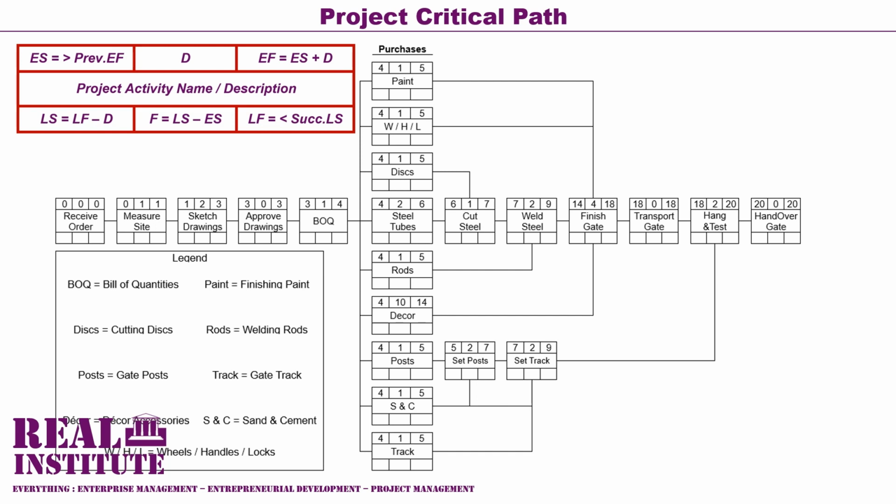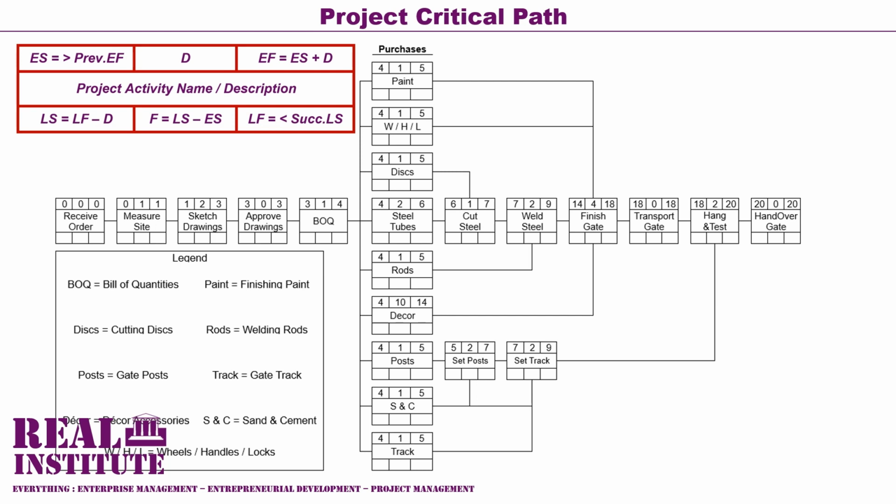We then simply move that 1 to be the early start value for activity 3. And activity 3, which is the sketch drawings activity, already has a duration of 2. And therefore its early finish, calculated from adding its early start and its duration, is 3. 1 plus 2 equals 3.